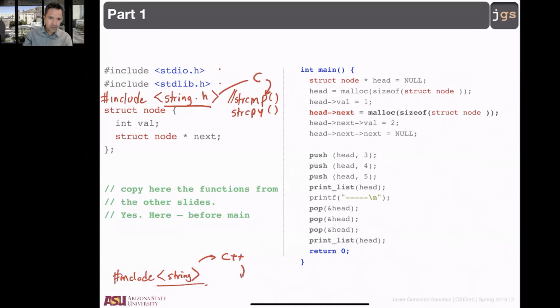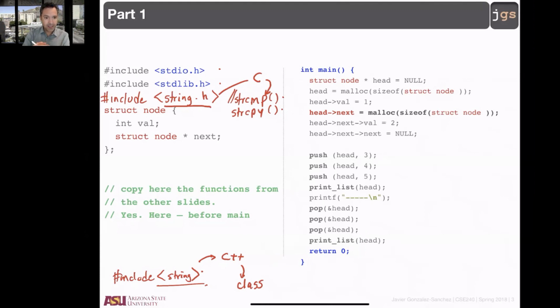But this one has inside a class. So if you are looking to use these methods in your programs and you include this library, it's not going to work because they are two different libraries. They contain two different things. Remember, string.h, a library in C with those methods. String without the .h is not the same library.